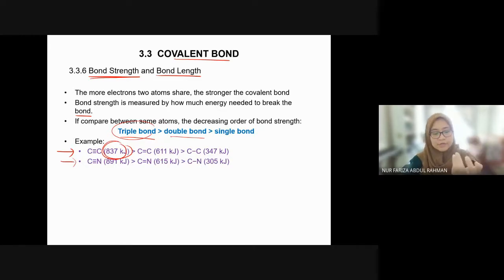So why, when more electrons are shared, does the bond become stronger? Why do you think? It is related to attraction. At the end of the day, it must have to do with attraction.